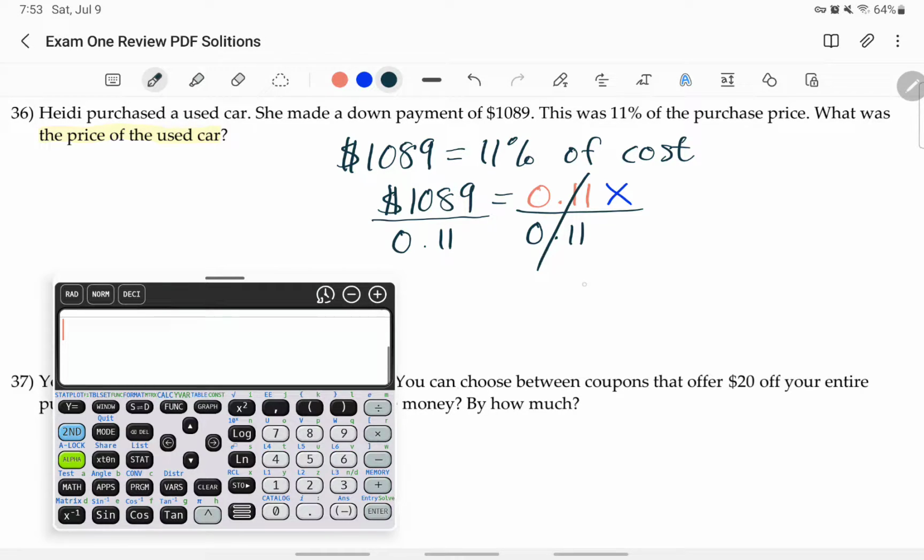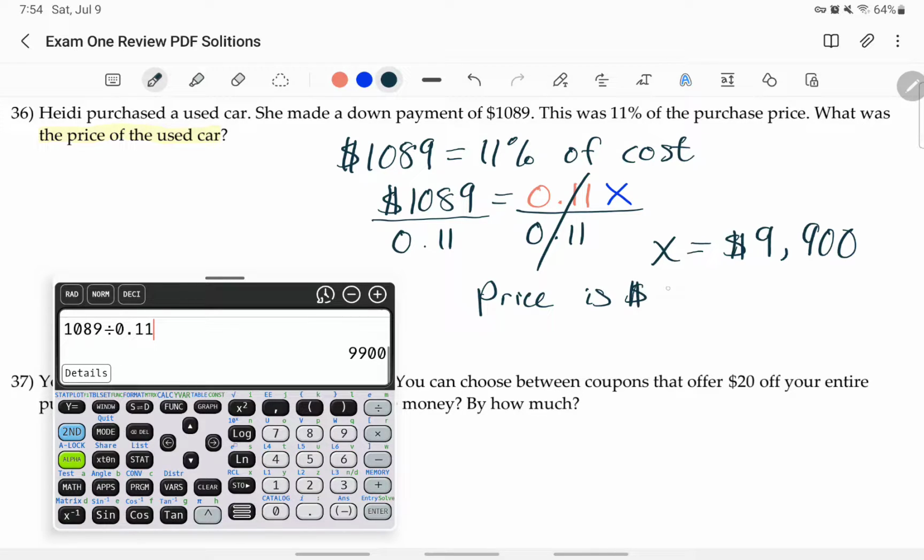That cancels out. So therefore, X is going to equal $9,900. So the cost of the car is $9,900, or rather price, almost 10 grand.